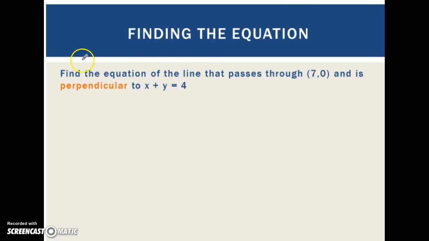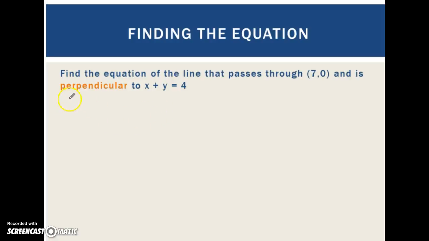One last example, finding the equation of a line that is perpendicular. So find the equation of the line that passes through 7, 0 and is perpendicular to x plus y equals 4. So looking at this equation, I can't see right away what the slope is because my equation is not in slope-intercept form.